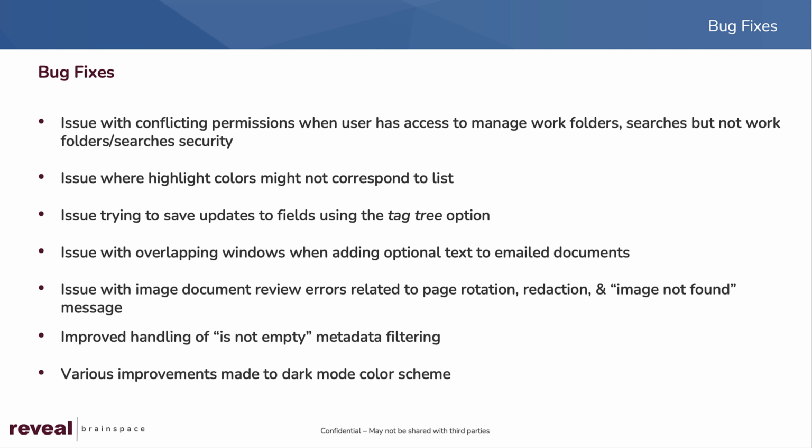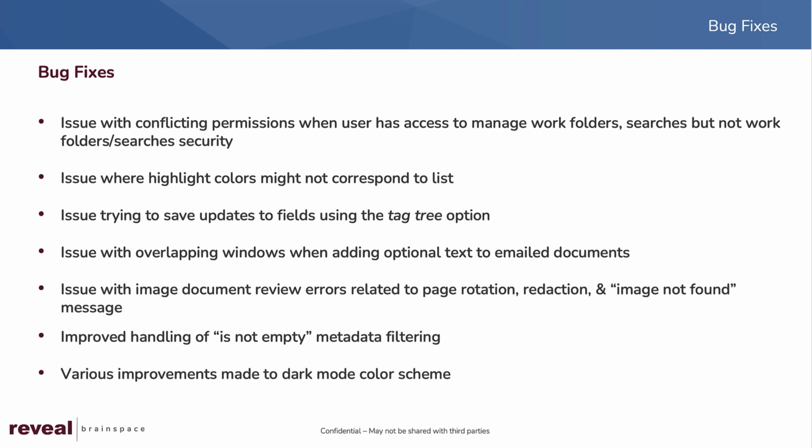There was also an issue resolved related to conflicting permissions, where users had access to manage work folders and searches, but not access to work folders and searches security. We've resolved another issue where highlight colors were not always corresponding to the list they were provided. There was also an issue resolved related to saving updates to fields using the Tag Tree option.